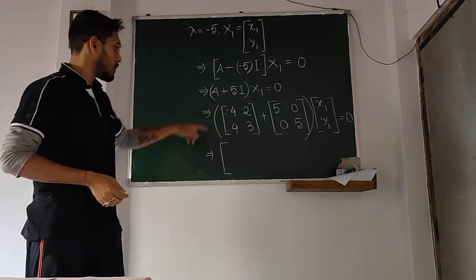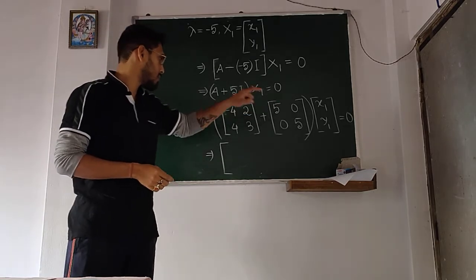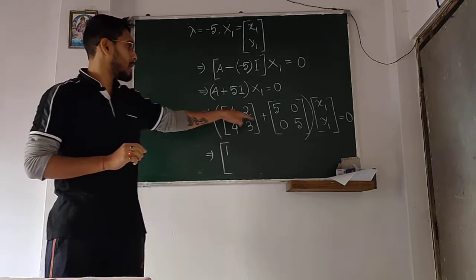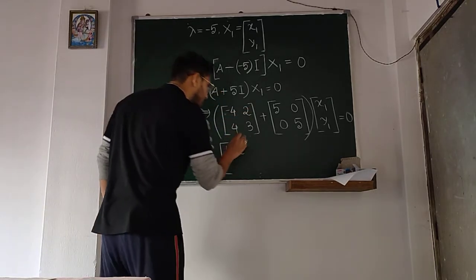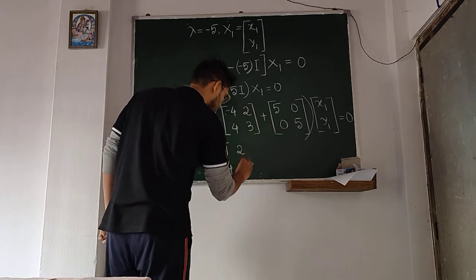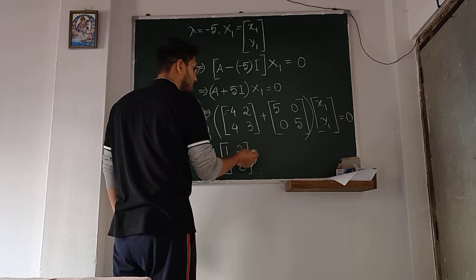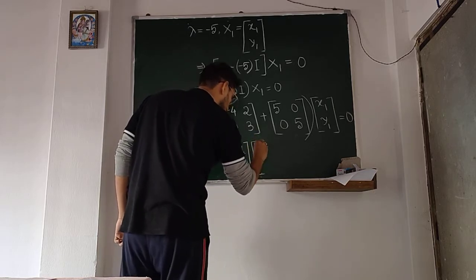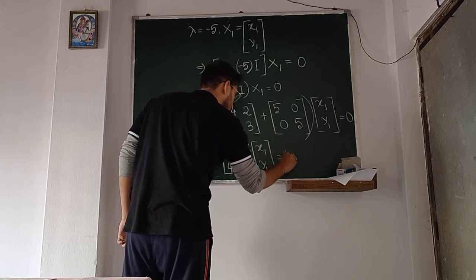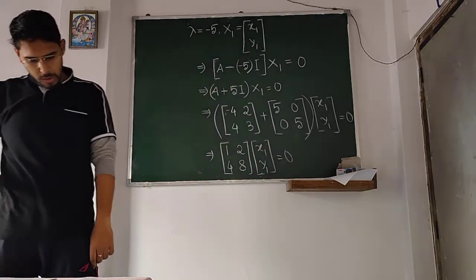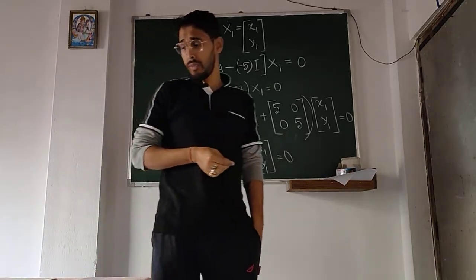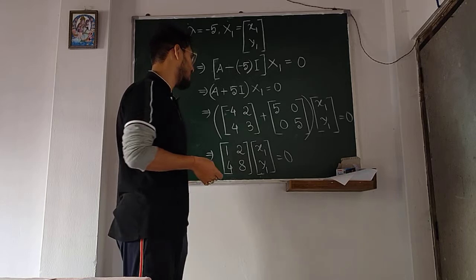So minus 4 plus 5, 5 minus 4 gives 1. 2 plus 0, that is 2. 4 plus 0, that is 4, and 3 plus 5, that is 8. And with this I will write x1, y1, and that will give you 0. So this is the final form of the matrix from which we are going to now find out the eigenvectors.